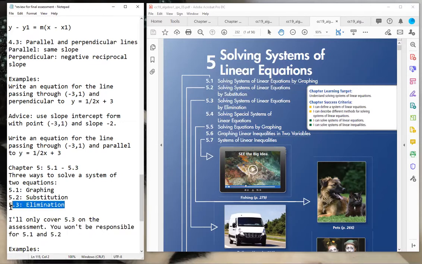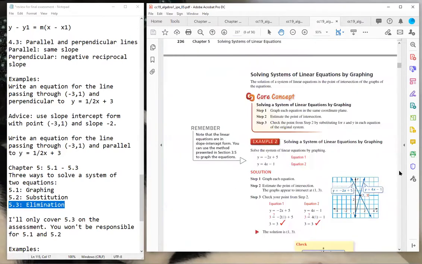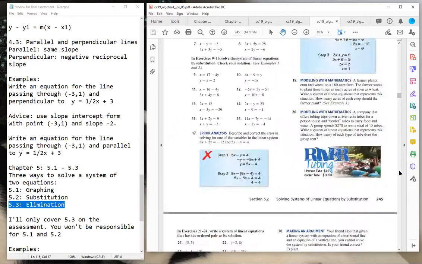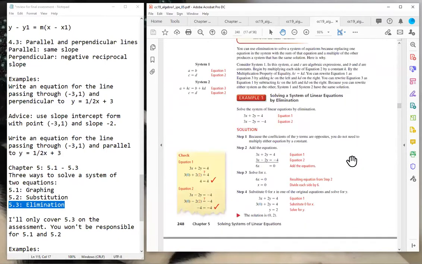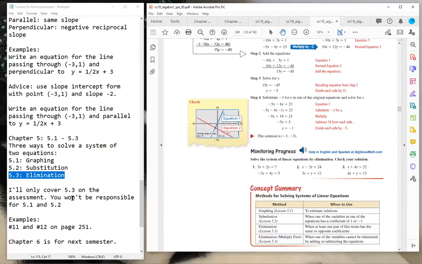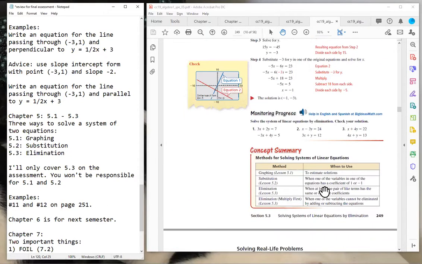You'll only need to solve systems with elimination. So what are some examples of that? Well, certainly you can go down to section 5.3 and there are lots of worked out examples and some examples in the homework, but I've written down 2 of them here. So maybe 11 and 12 on page 251.